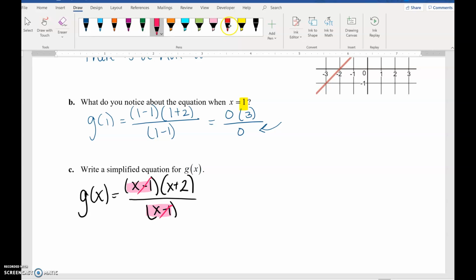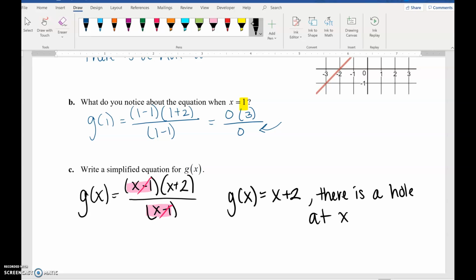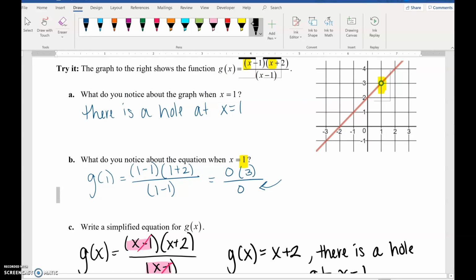So we can rewrite g of x as x plus 2. And then we need to state that there is a hole at x equals 1.